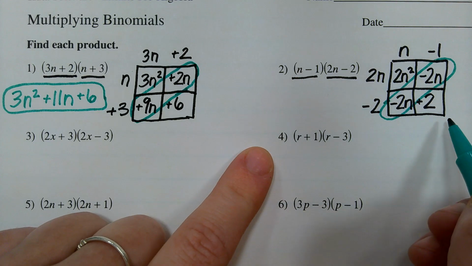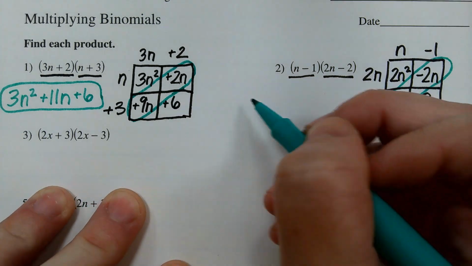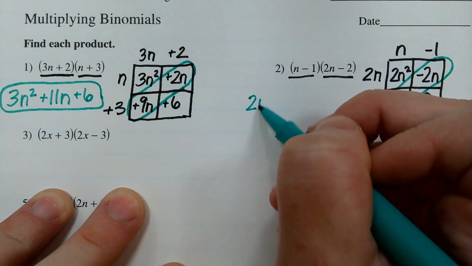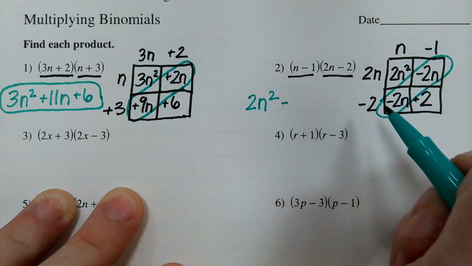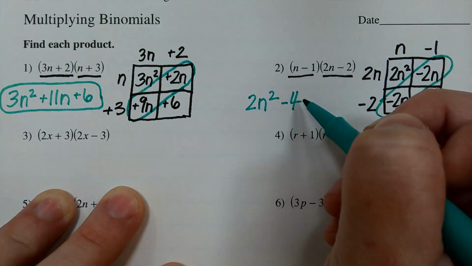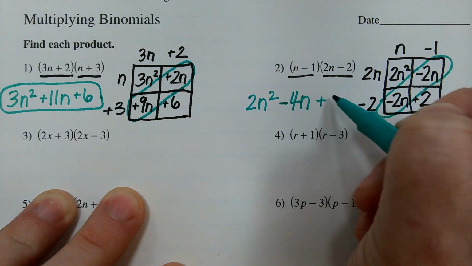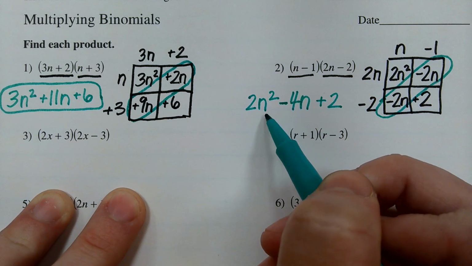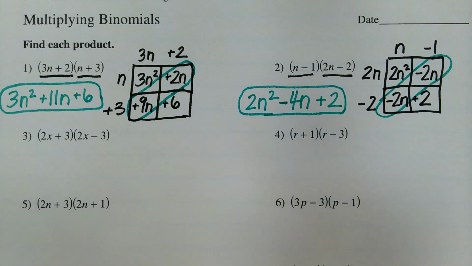So let's rewrite all of our terms for our answer. We have 2n squared minus 4n plus 2. And that's it. That is it.